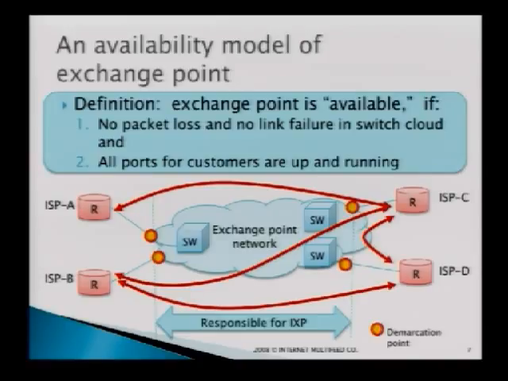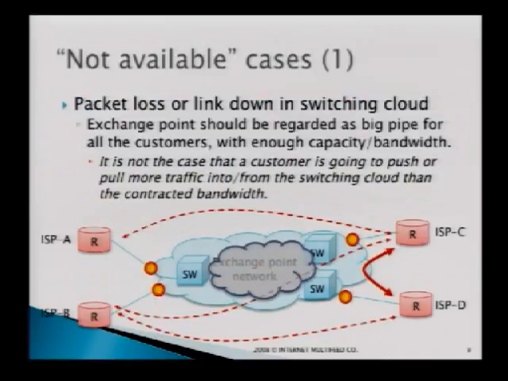So the definition is: the exchange point is available if there is no packet loss and no link failure in the switching cloud, and all ports for the customers are up and running. The normal case is available. So let's imagine not available cases. The typical one is packet loss or link down in a switching cloud.